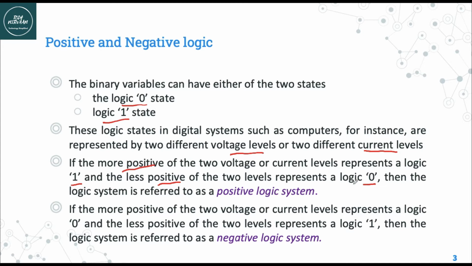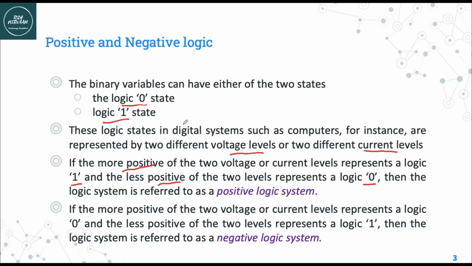Once again, logic 0 and logic 1 are the fundamentals of any binary system which works for digital systems like computers and mobiles. The realization of logic 0 and logic 1 is in terms of voltage and current level. The physical realization of digital circuits is logic gates, and the realization of their logic levels, logic 0 and logic 1, is in terms of voltage and current level.